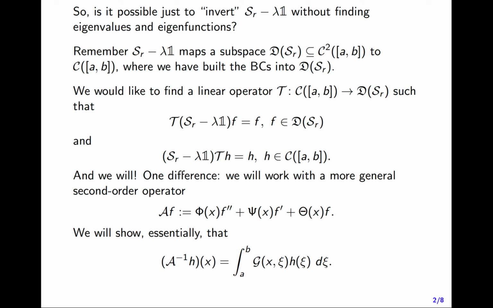So you start out with the function h. You want to figure out what A inverse acting on h is. I claim it is this integral operator on the right, where you multiply by the special function g and then integrate.